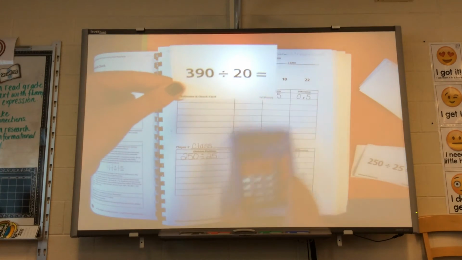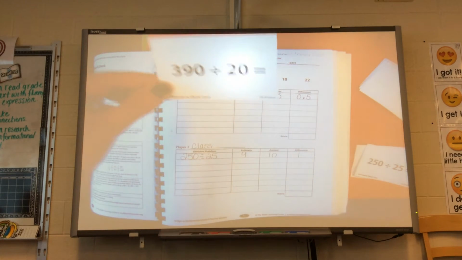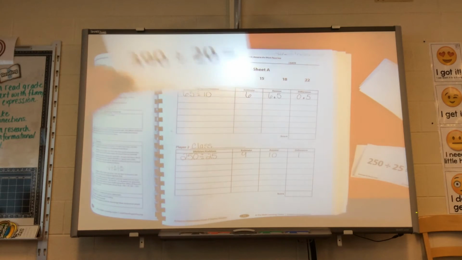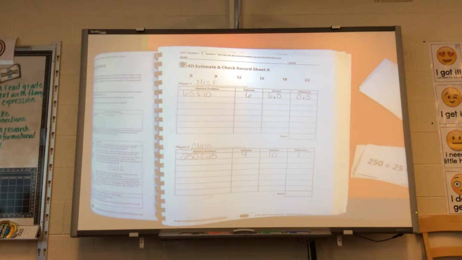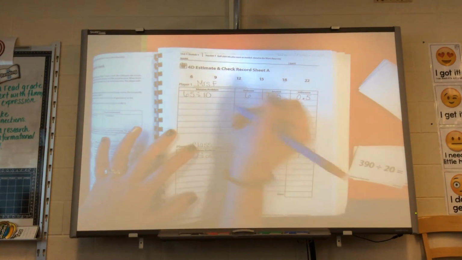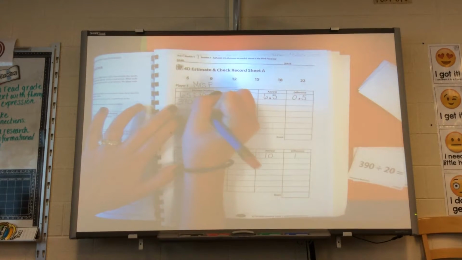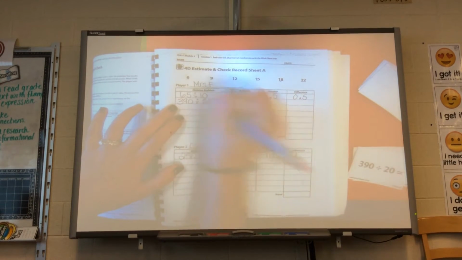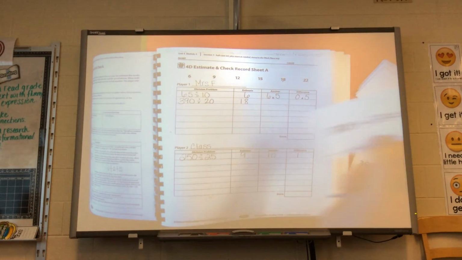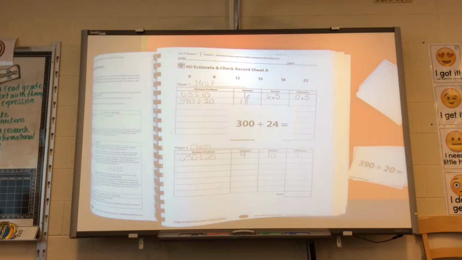My card, 390 divided by 20. I'm going to choose 18 as my answer that I estimate. And now here's your card. 300 divided by 24.